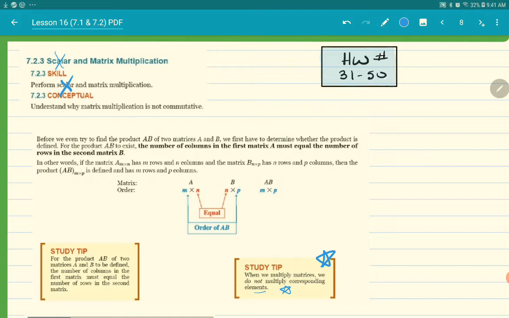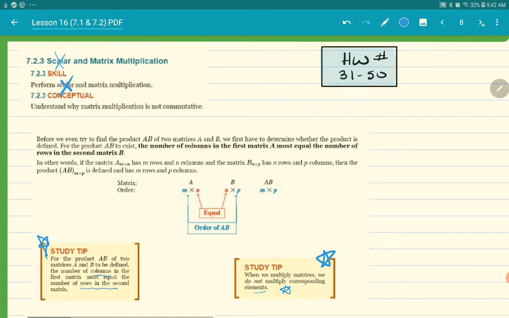And before we can even start, we have to make sure that A and B are compatible. It's not about being the same order like it is in addition and subtraction, but it's about having the right combination, which is the product of A and B. Looking at this study tip, for the product of A and B to be defined, the number of columns in the first matrix must equal the number of rows in the second.